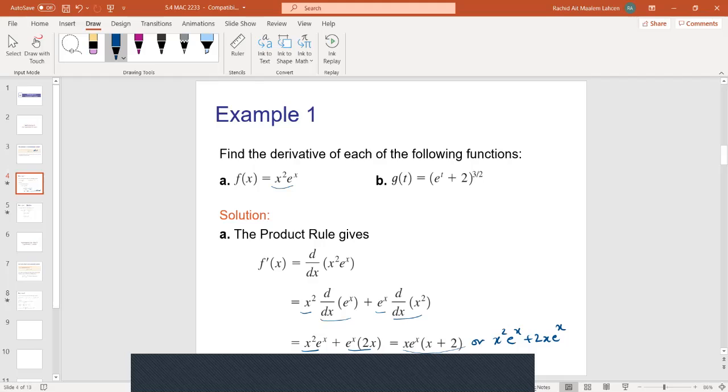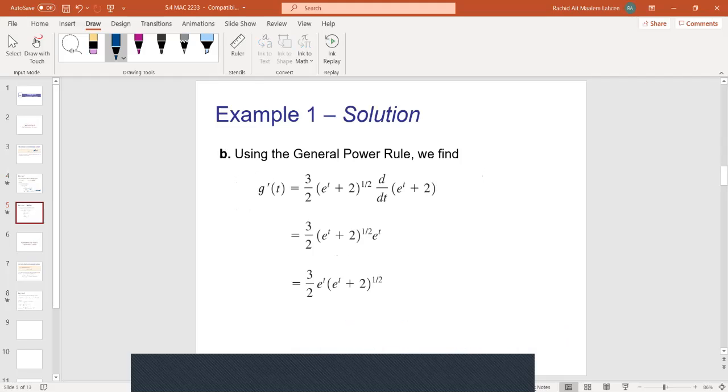For this g of t, we have this form, so keep in mind the chain rule. You do the power rule first: 3/2 times this, to the power of 3/2 minus 1, which gives 1/2, times the derivative of the inside with respect to t.